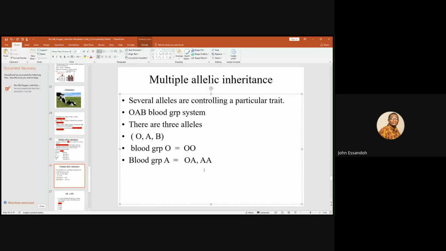So when you see somebody has blood group A, the genotype could be OA or AA. Blood group B, the genotype is OB or BB.